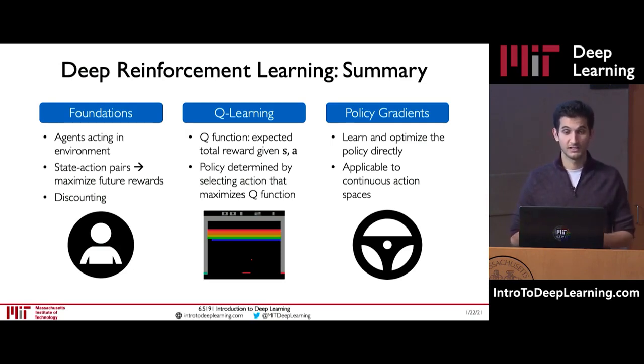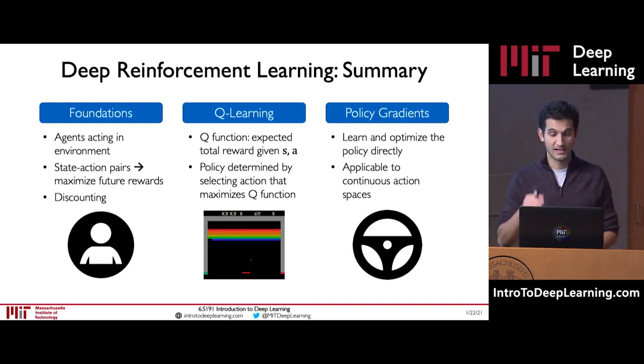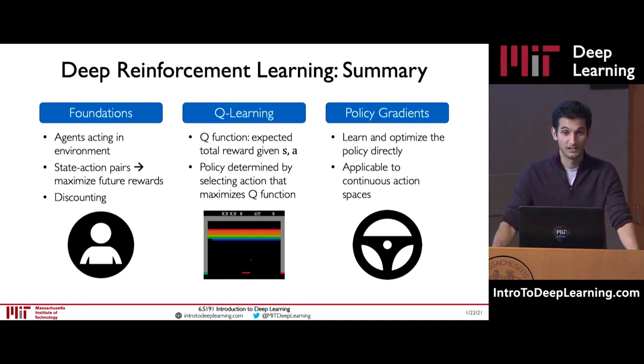First, with Q-learning, where we want to estimate using a neural network the total future expected return on rewards. And then later with policy gradients, and how we can train a network to directly optimize our policies, and how we can extend these to continuous action spaces, for example, autonomous driving.